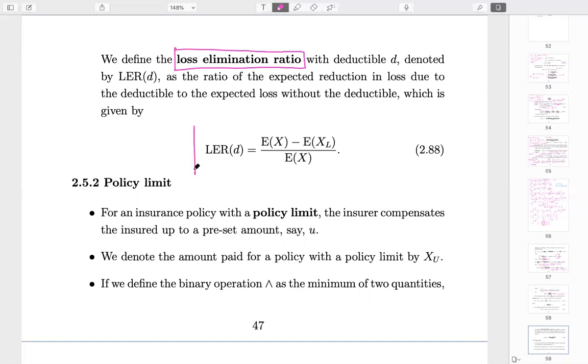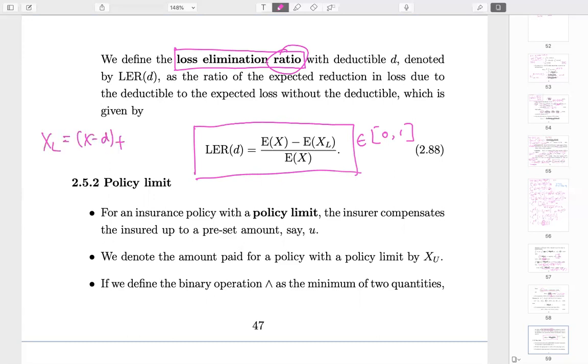So this is the definition. From the name, we know it's between 0 and 1. That's because XL equals X minus d, take positive, which is always less than or equal to Y. So when we take expectation, the inequality sign will hold as well.